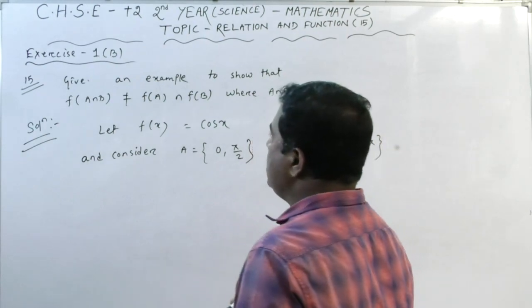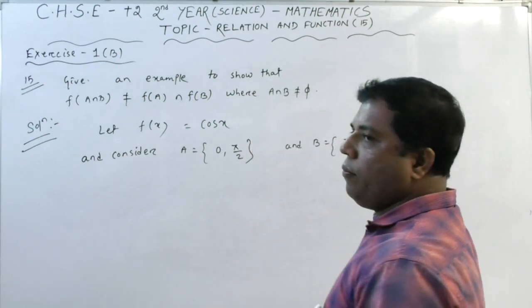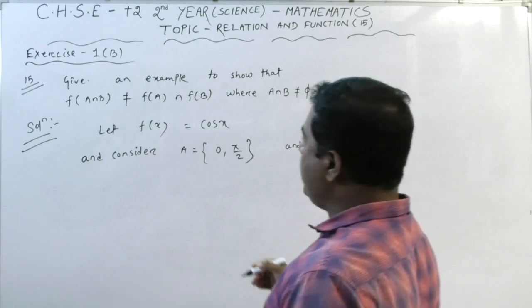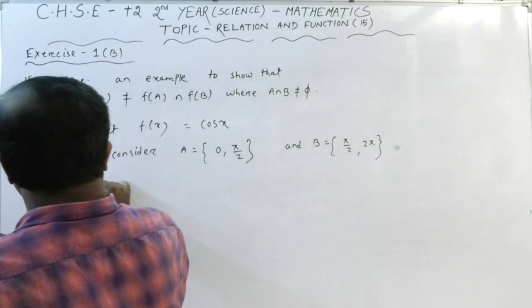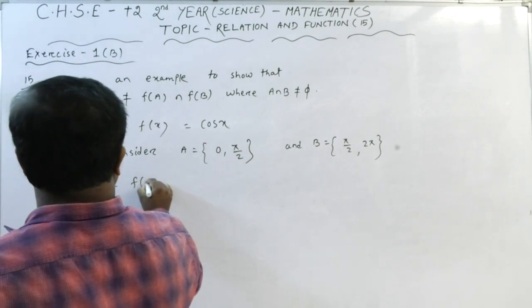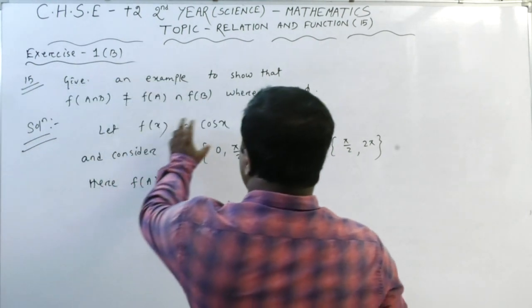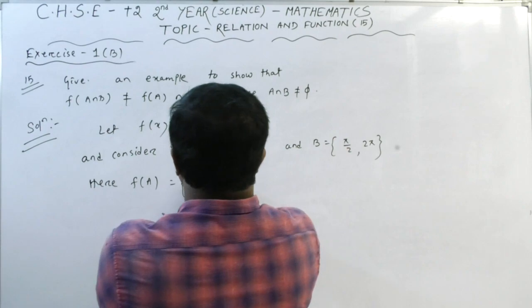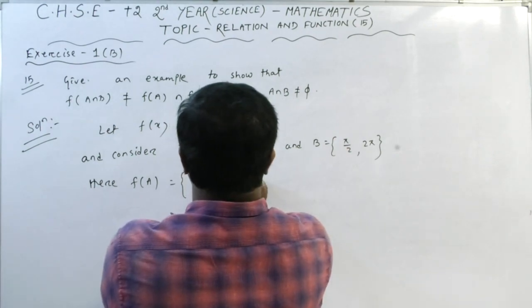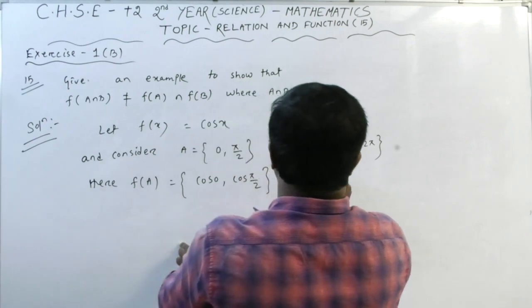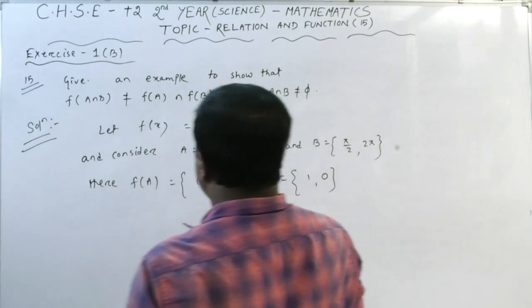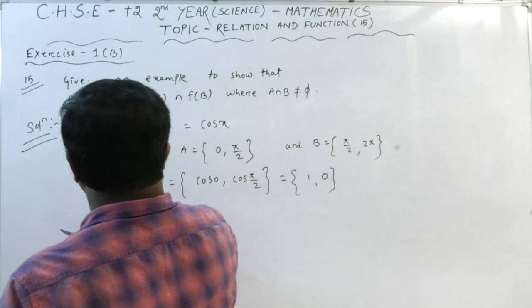Clear, my dear students? Now we will find out what is f of A. Here f of A equals, as it applies to each element, cos 0 and cos of pi by 2. Cos 0 is 1 and cos 90 is 0. Clear? Now f of B equals what?